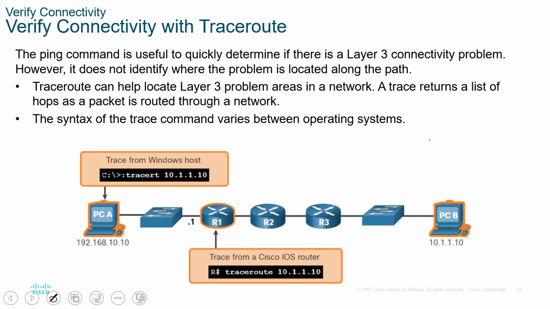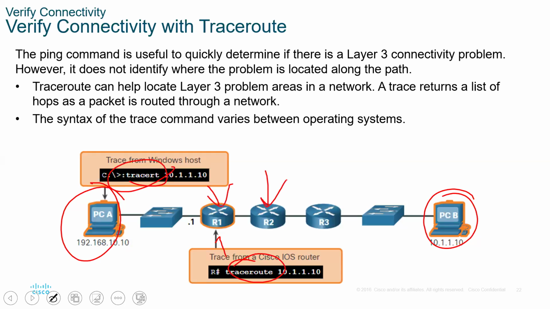The tracert command is used when you're using it on a PC, while the traceroute command is used when you're using it on a router. So it can help you to locate problems from different areas. If I run tracert from this system to test my reachability to B, it's going to bring out details on this router, and on this, before it gets here.